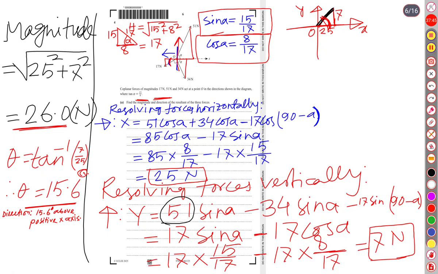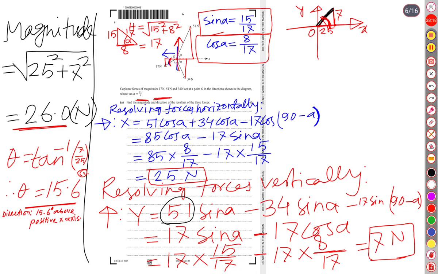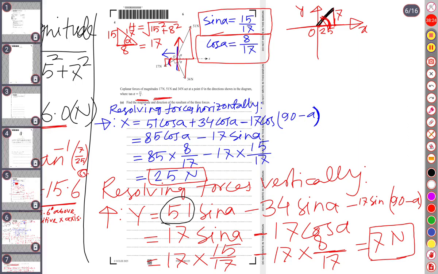Then for the angle, since we have both x and y values, we apply tan inverse of 7 over 25, which is 15.6 degrees. Since both components are positive, it lies above the positive x-axis. So that's all about the solutions.